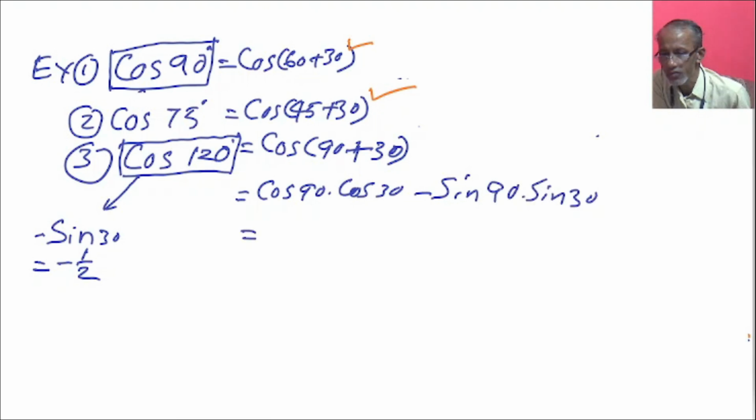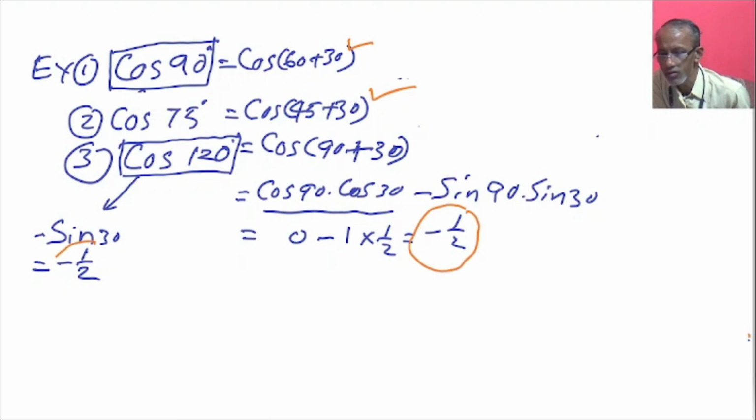Cos 90 is 0, so the first term will be 0, minus sin 90, which is 1, into sin 30, which is half. That is equal to minus half. So the value that we have obtained here is equal to the value we already saw formula-wise. So this also has worked.